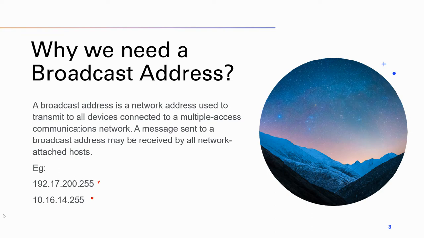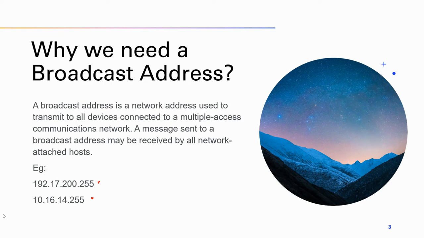So essentially, in layman's terms, this address is used to send out protocol information to the hosts in the network. It's kind of like a reserved address in the network, and it is used for maintenance purposes, to keep updating hosts on the network.